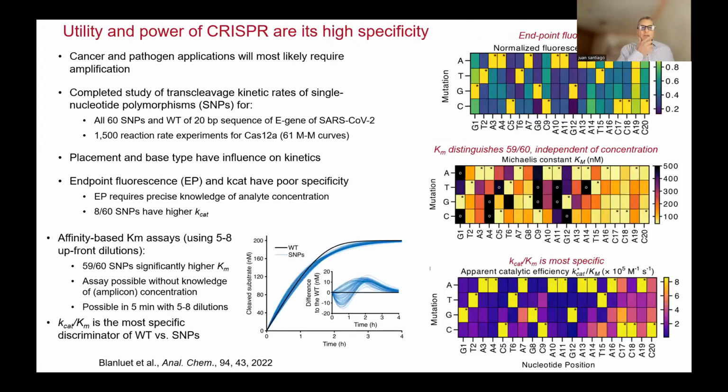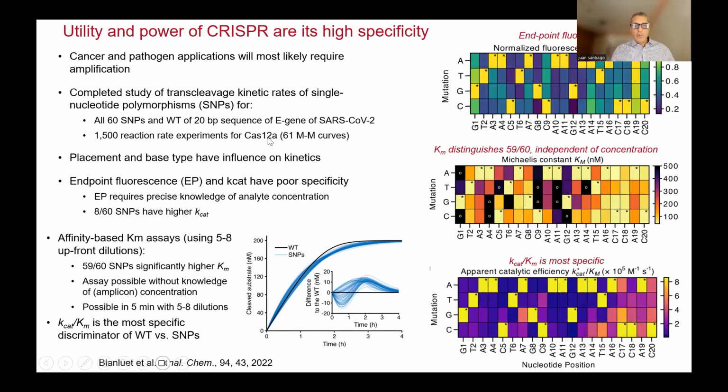I'll tell you one more example of work that we've done, and that's in specificity of CRISPR. We think the real application and the real strength of CRISPR is in its specificity, not in its sensitivity.